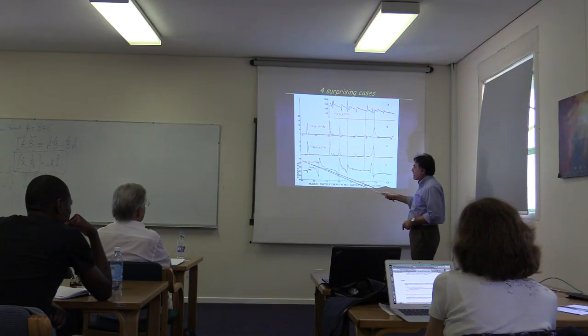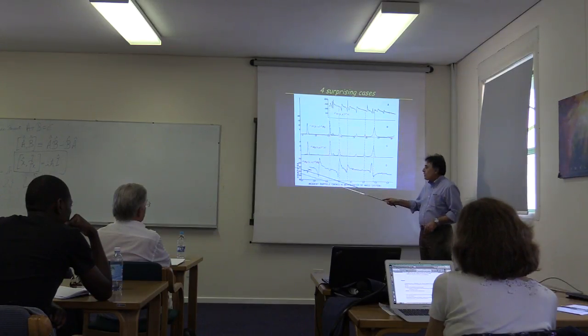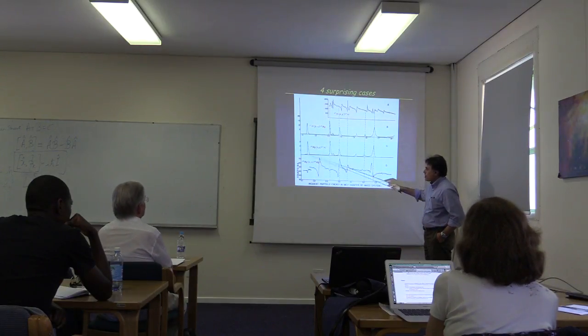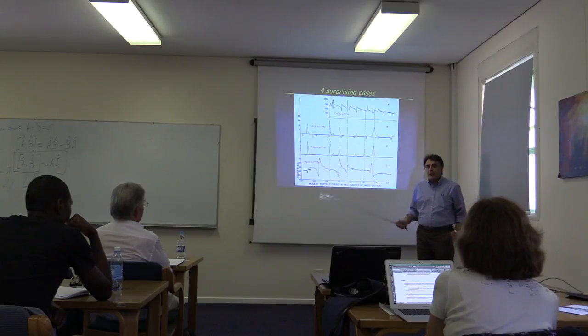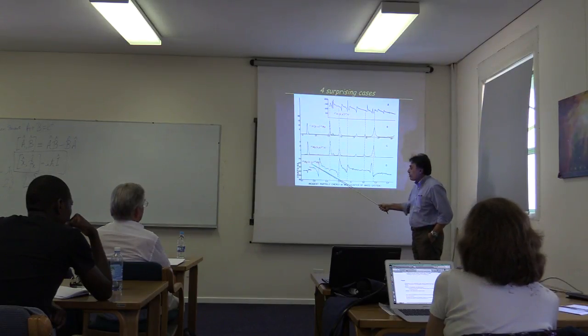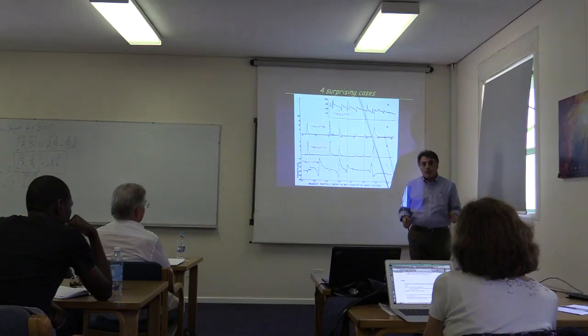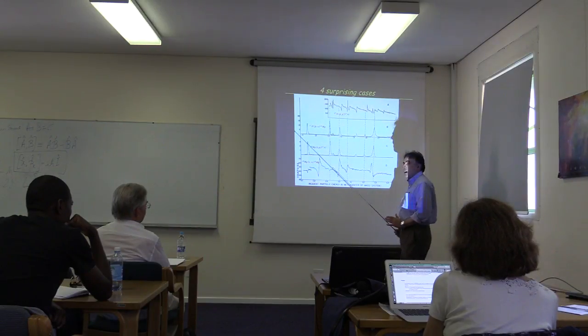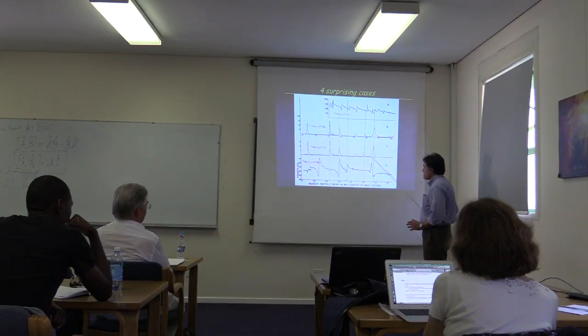Then again, if I take alpha on magnesium, I use exactly the same reaction, but observe alpha in the output channel. I would call this a kind of elastic reaction, in which the entrance channel is exactly the same as the output channel. I again observe these funny shapes.